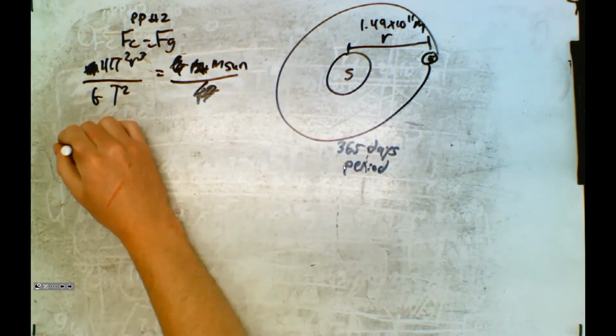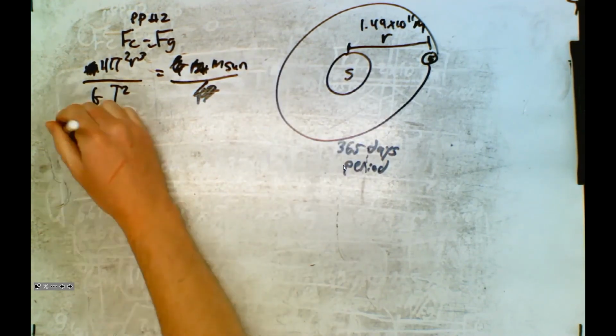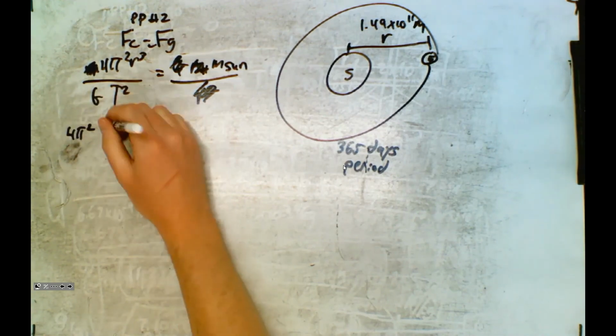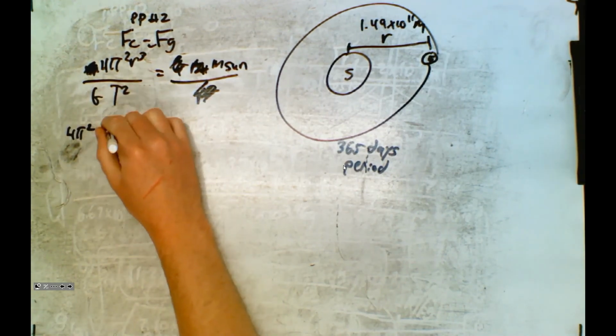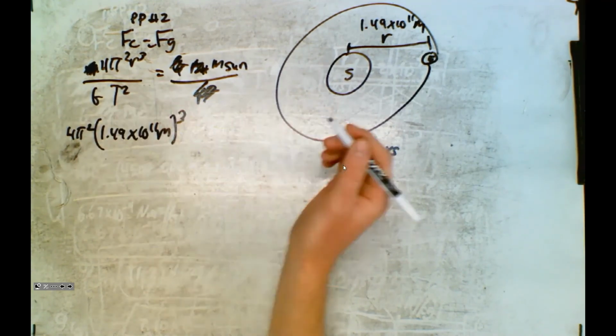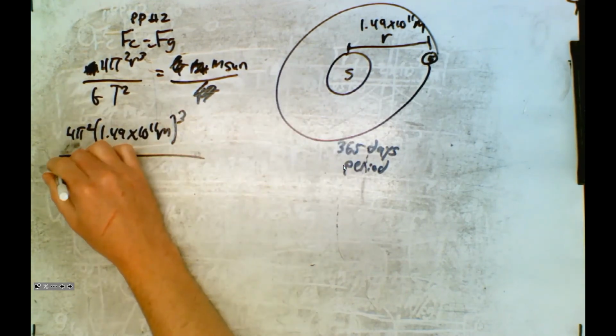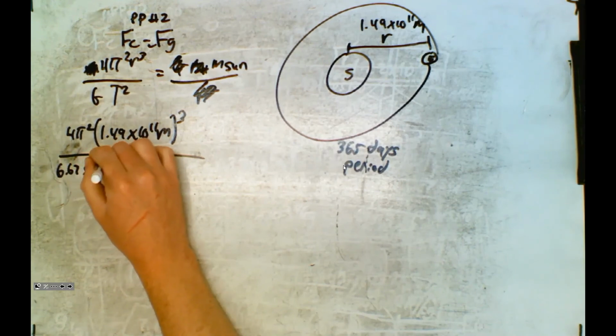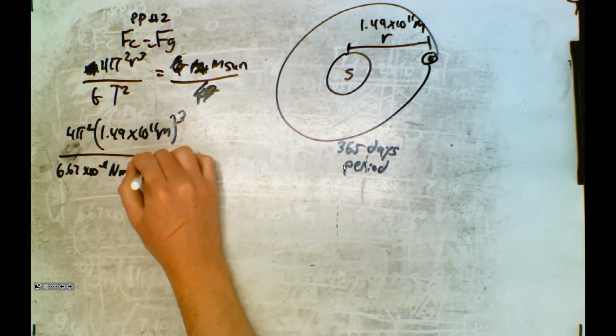So 4 pi squared, radius 1.49 times 10 to the 11 meters, cubed, divided by 6.67 times 10 to the negative 11 newton meters squared per kilogram squared.